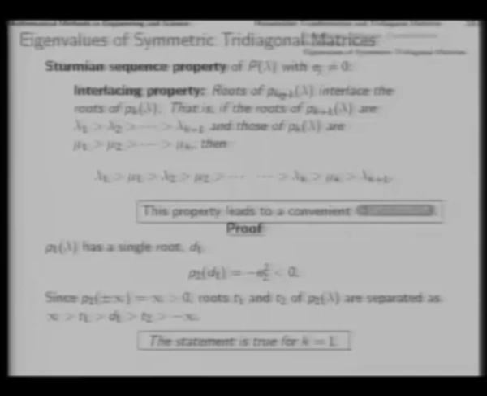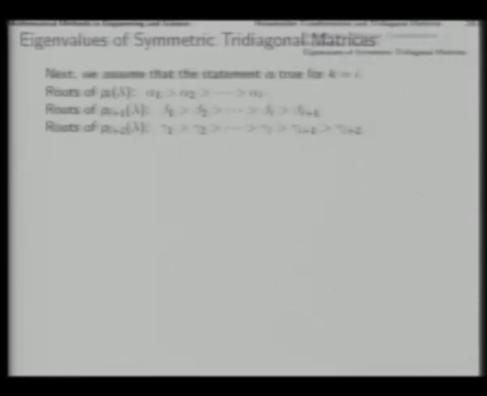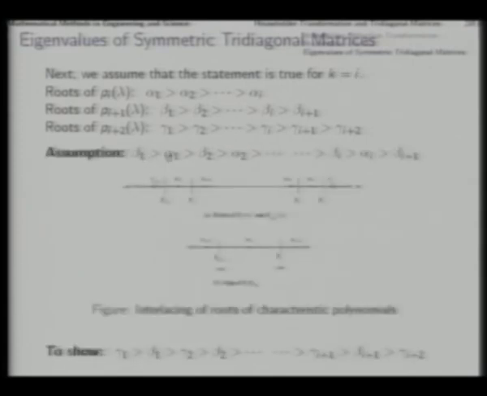This you verify, that shows that the statement is true for k equal to 1. Next, you assume that the statement is true for k equal to i. Then you denote the roots of pi as alphas, roots of pi plus 1 as betas, and roots of pi plus 2 as gammas. Okay. As you assume the statement to be true for k equal to i, that is the i plus 1 betas will interlace the i alphas, and on the number line you can show the alphas with crosses and betas as bars, and the picture looks like this.